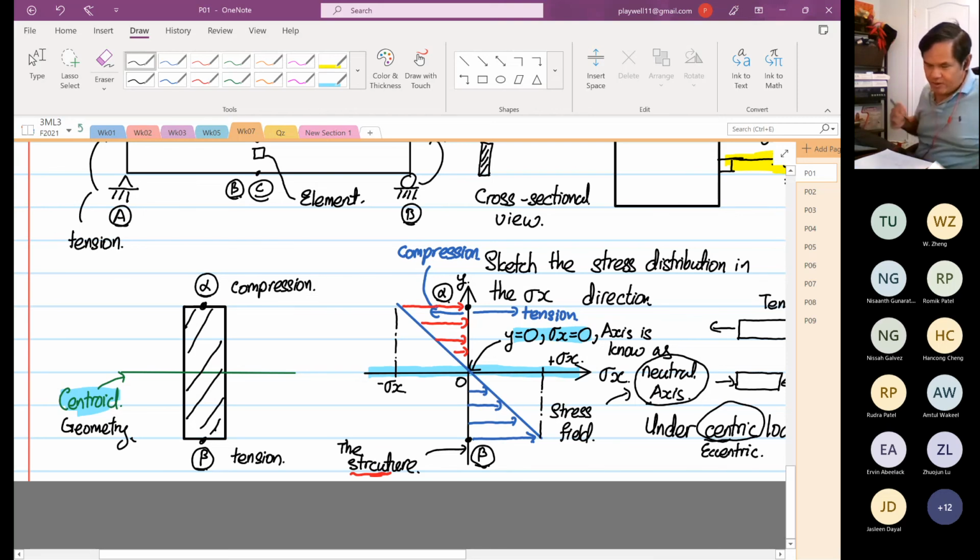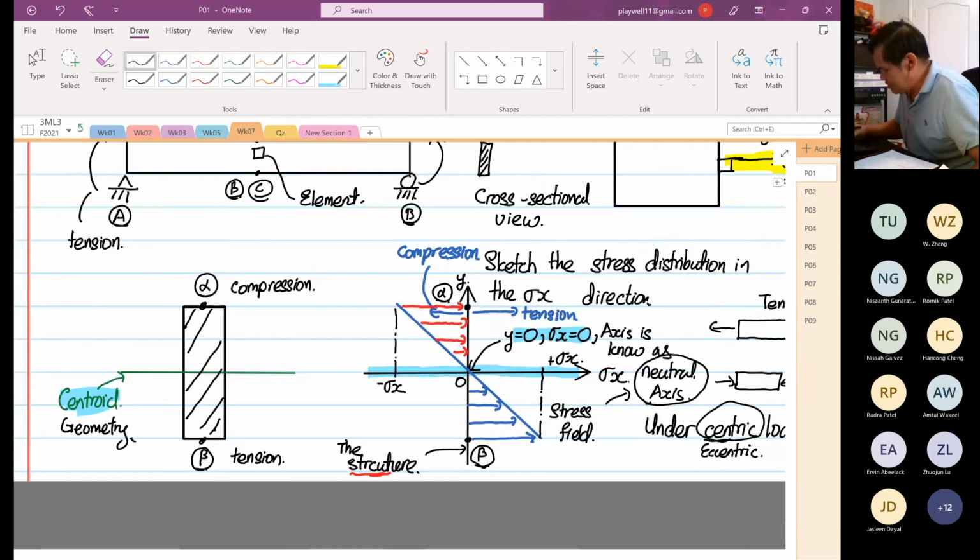One is geometry determined, and one is stress field determined. Any questions so far? Anyone? I don't see anyone putting up their hand. Right, so we'll go to the next one.